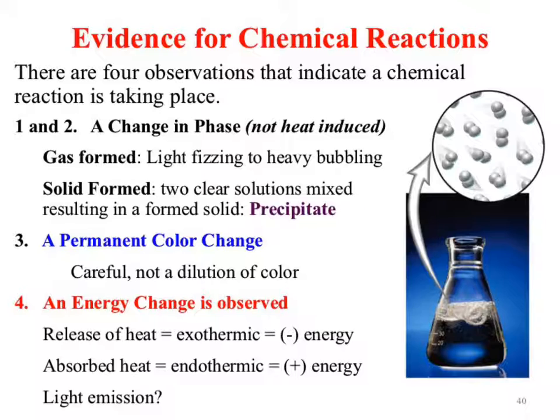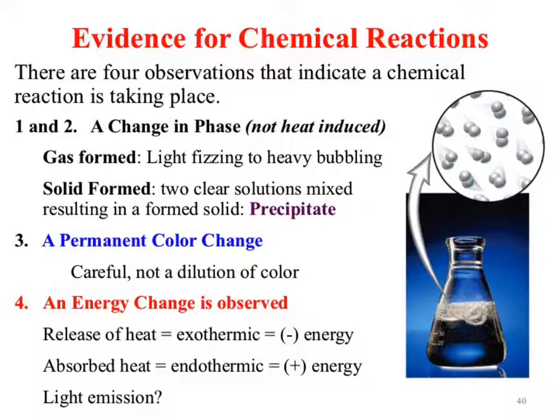Chemicals are providing the energy to cause the liquid to go into the gas. The phase transition is caused by the chemicals supplying the energy, not me. So when we're looking at the evidence of chemical reactions, what we're trying to decide is what's providing the energy to allow for that change to occur.